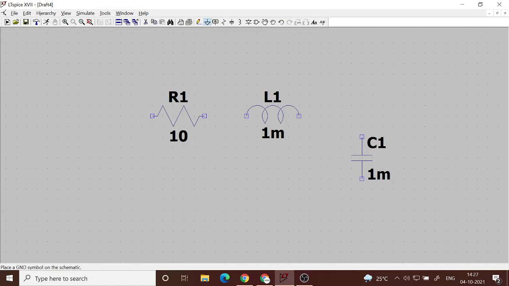Then I need a ground. So again, I'm not having any voltage source here also. Absolutely no voltage source.